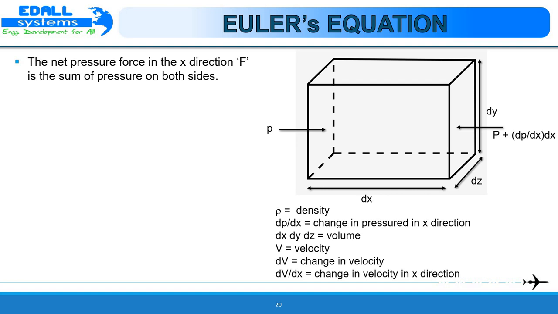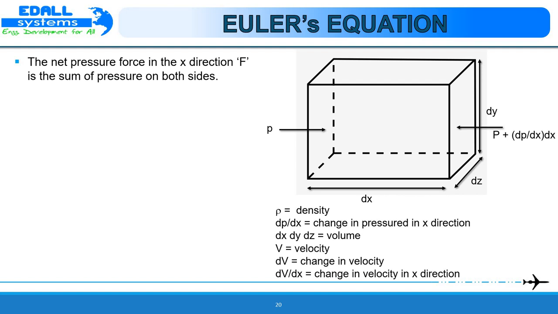Now, the pressure varies from point to point in the flow. Hence, there is some change in the pressure per unit length, which is given by dp by dx. Thus, if we move from the left face a distance of dx along the x-axis, the change in pressure is dp/dx times dx. The pressure on the right face is P plus dp/dx times dx.